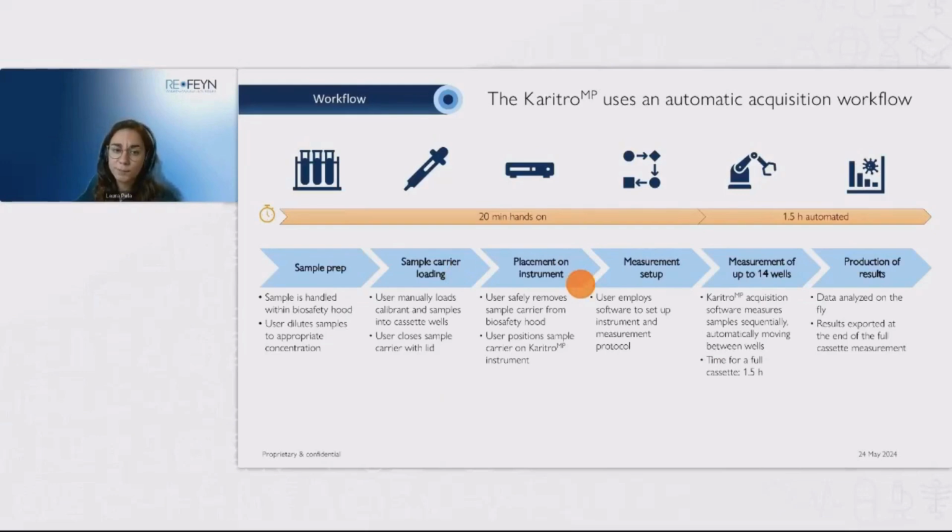You need to set up the software, basically saying which sample is contained in which well. And from that moment, the instrument goes on its own without any need of operator input. So the 14 wells are run automatically, and the results are produced on the fly. After the 1.5 hour run, you come back to the machine, and your data are ready to be exported, already analyzed.